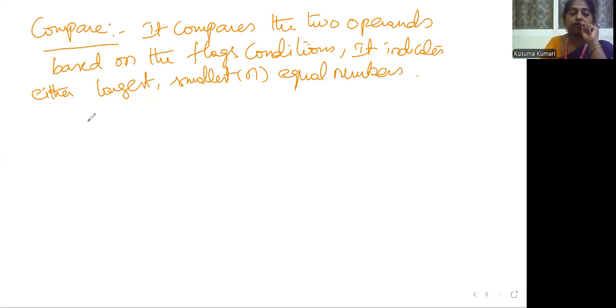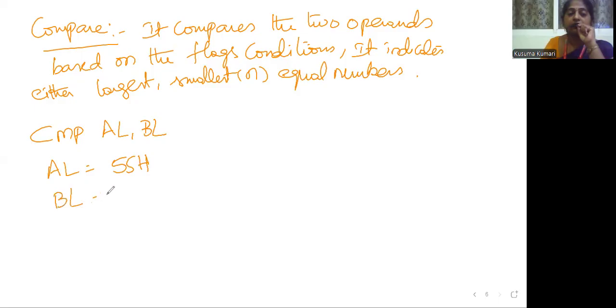Okay, that is the meaning of this. Suppose, for example, compare AL comma BL. For example, AL is equal to 55 hexa and BL is equal to 20 hexa. Then obviously we know AL is the greater number.